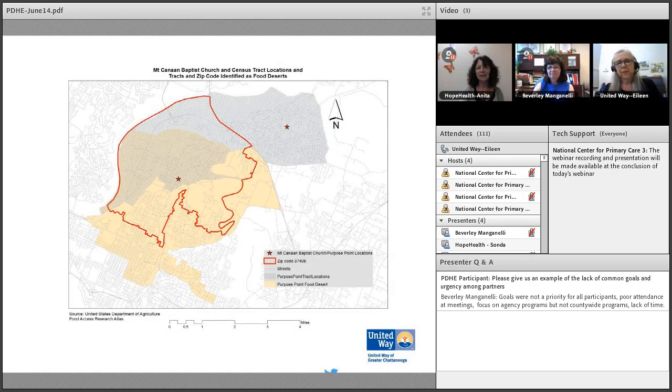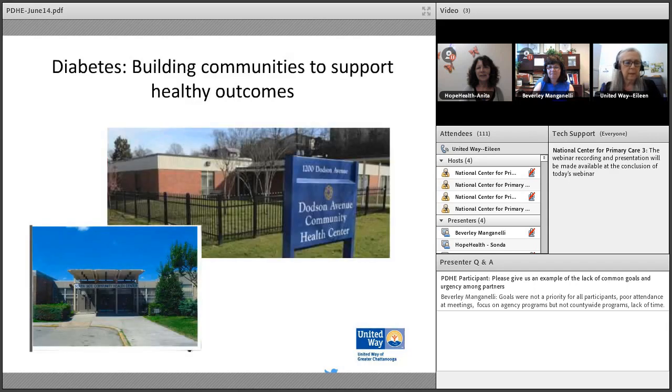And they're going to be operating within a food desert, the same area where we're having high percentages of diabetes, where the lack of nutritious food is evident because it is a food desert.